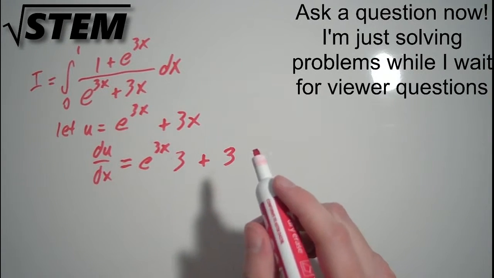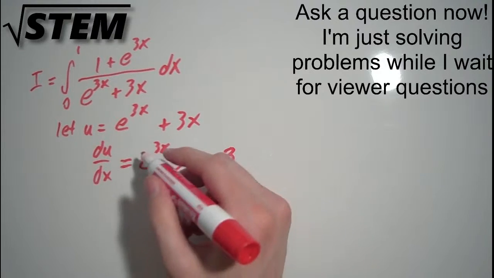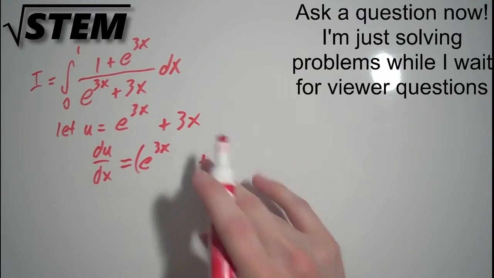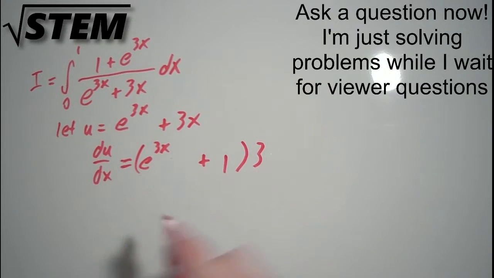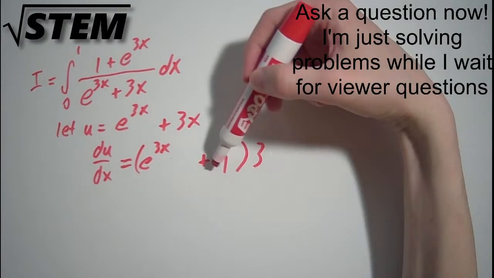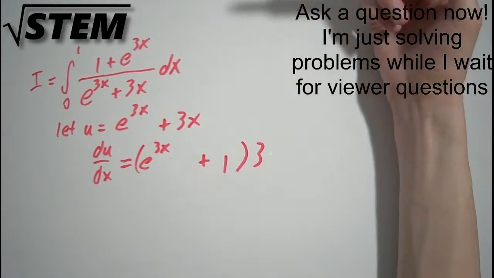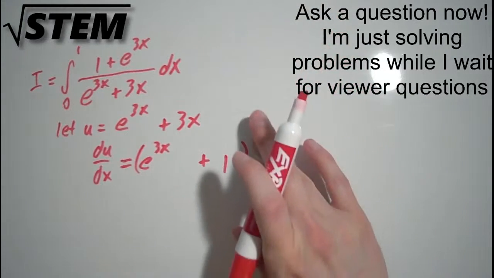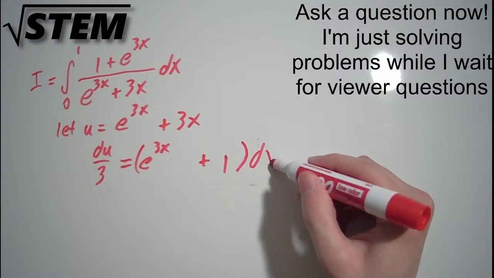So now we can factor out a 3 from both of these terms. And look at that, 1 plus e to the 3x, just like our numerator. And we can divide the 3 to the other side and bring the dx over here.